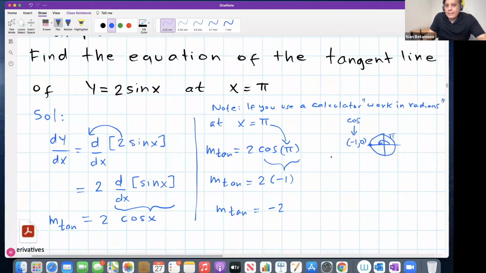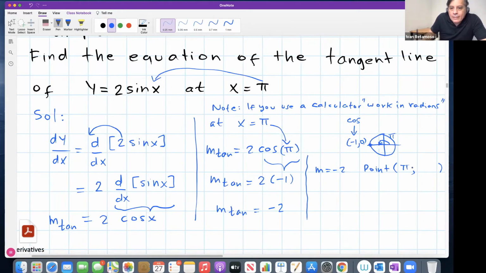All right, so now this is -2. But this is not it, because this is just the slope, equal to -2. I have a point, which is pi comma, I don't have the partner of pi, but we have the function. So we can plug this pi into the function, and we should get the partner of pi. 2 sine of pi.